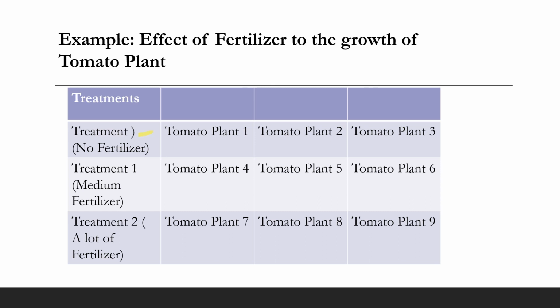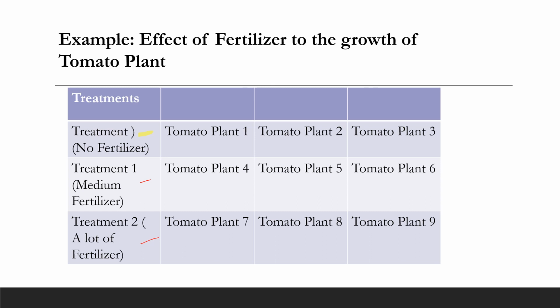So given this example, we have the following treatments. We have treatment 0, no fertilizer. We have treatment 1, medium fertilizer, and we have treatment 2, a lot of fertilizer. In terms of the experimental units, our experimental units are tomato plants. So let's say we have 9 tomato plants in this experiment.